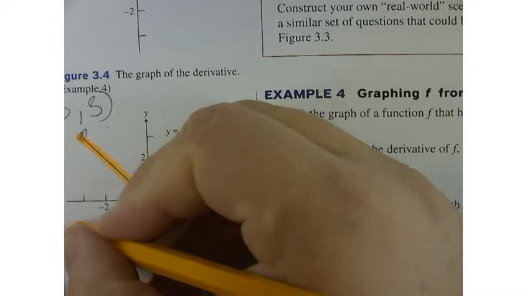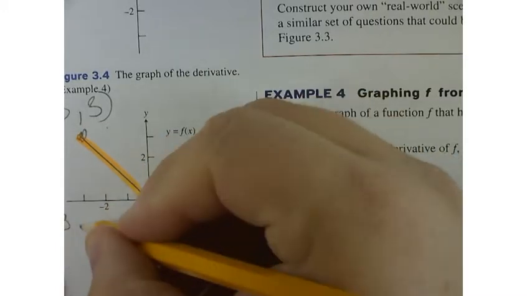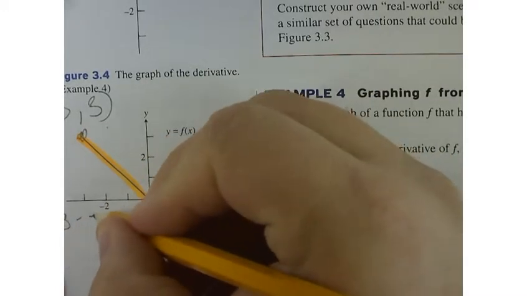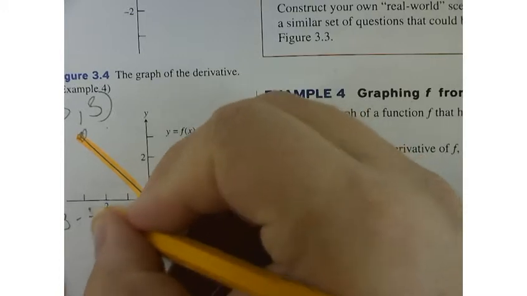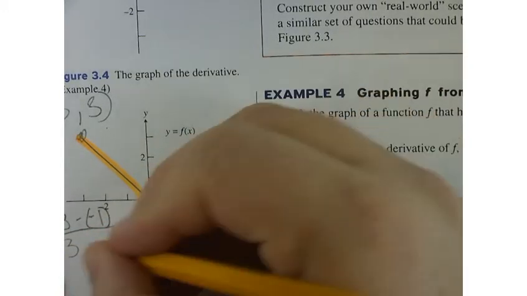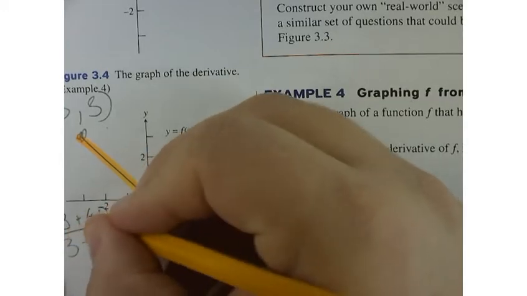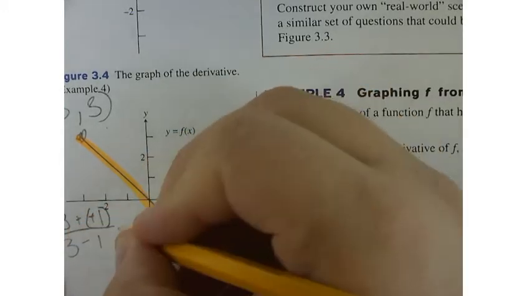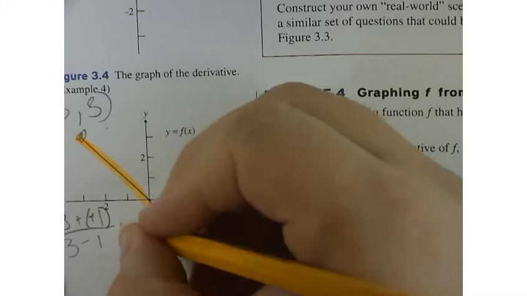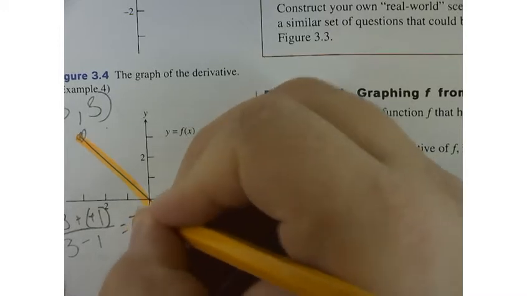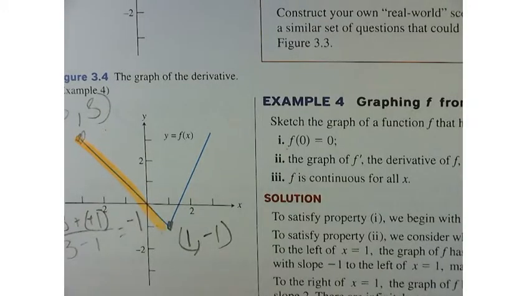Let's calculate it. I'm going to have negative 3 minus 1, all over 3 minus 1. So I get negative 2 over 2, which is just negative 1, right?